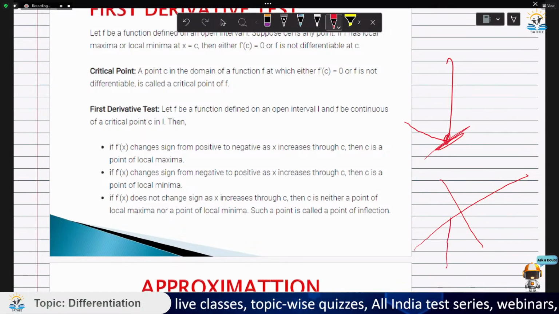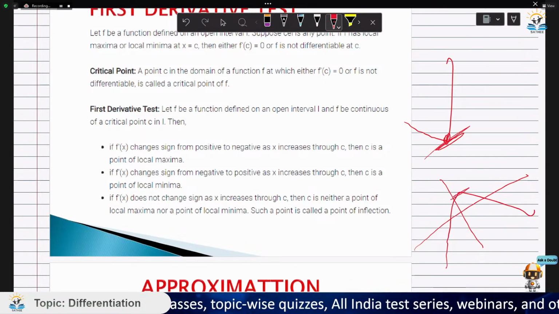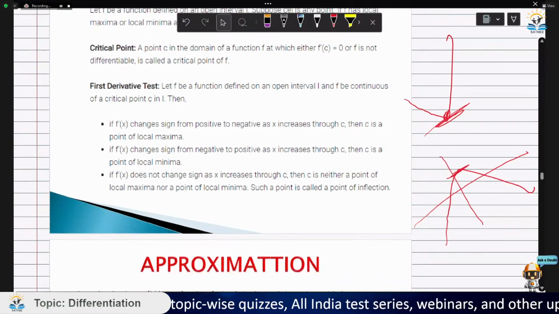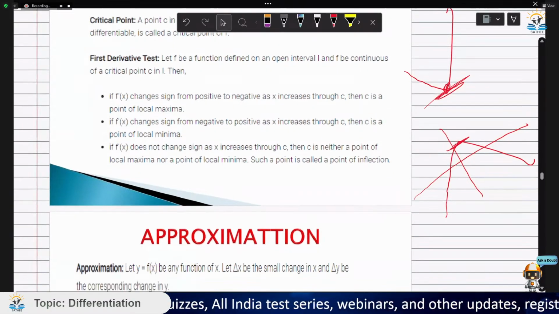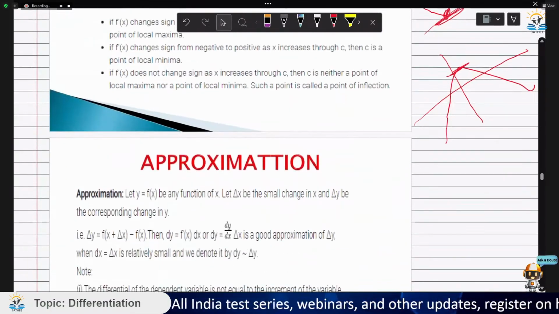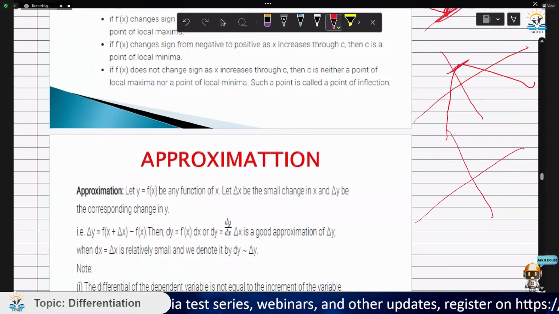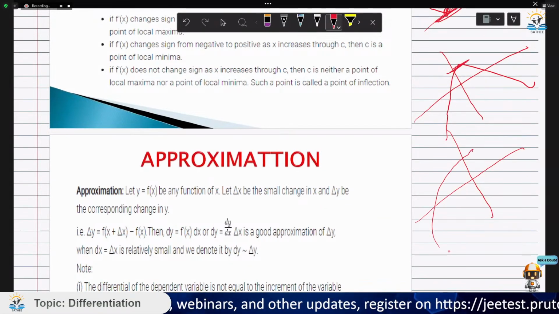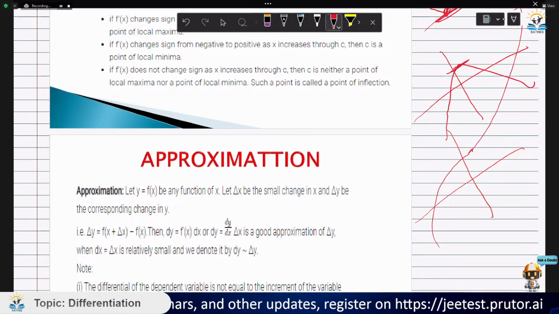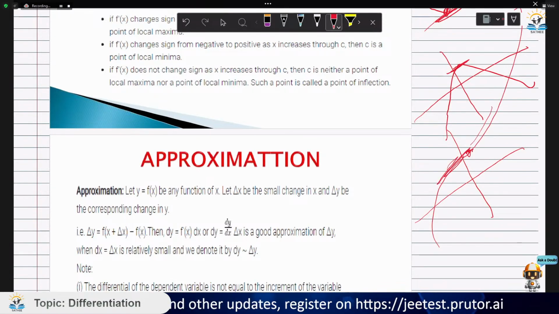If it is going from positive to negative, it is the point of maxima. Another thing that we did, point of inflection: if it does not change its sign and it increases through c and keeps on increasing, then it becomes a point of inflection. Okay.